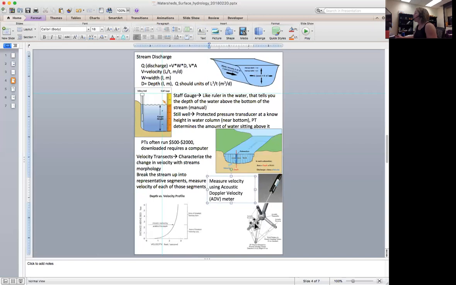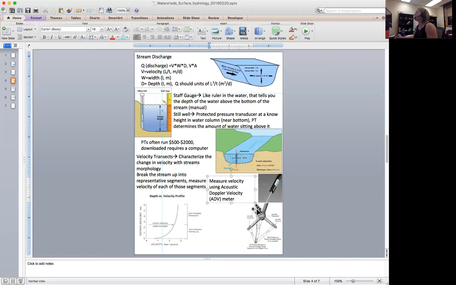They can be configured in many different ways, but the goal is that an acoustic beam is sent out in this manner from the center of it. There's several different prongs on the outside, and as you have a piece of sediment or something floating by, the acoustic frequency pings off of the sediment, and as it pings off, it's sent back into multiple directions.